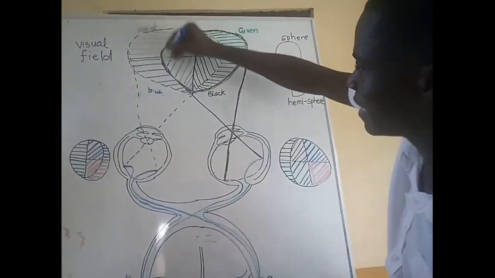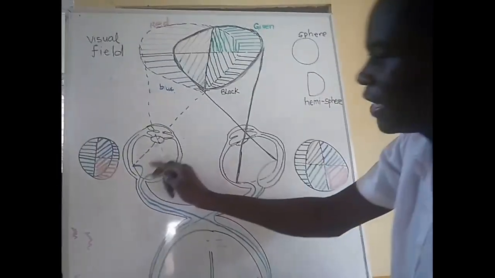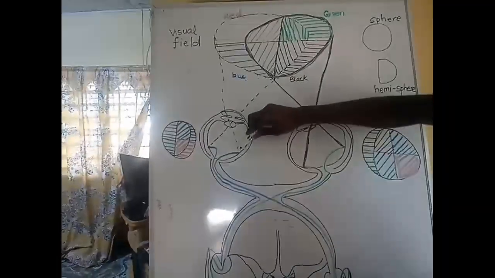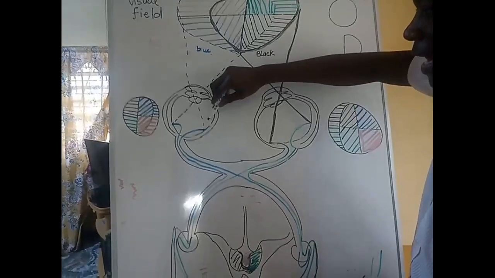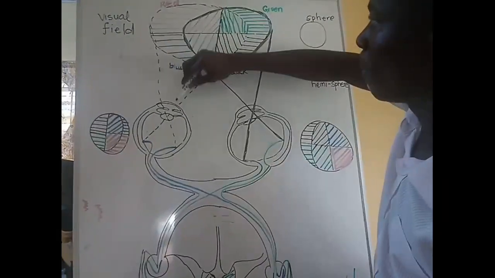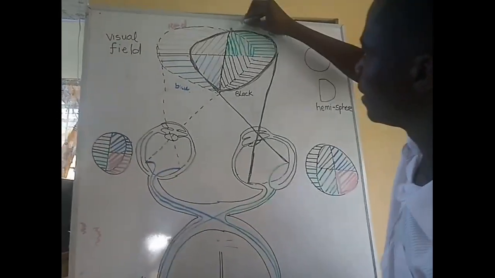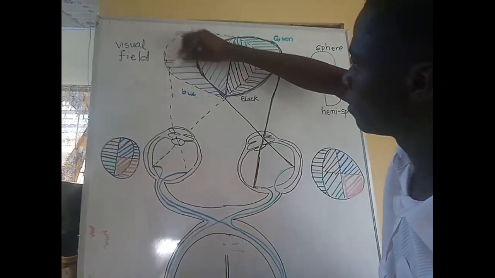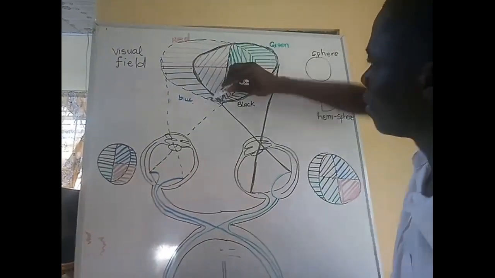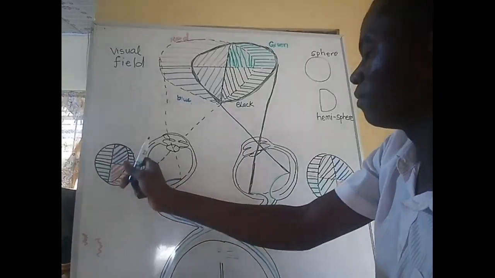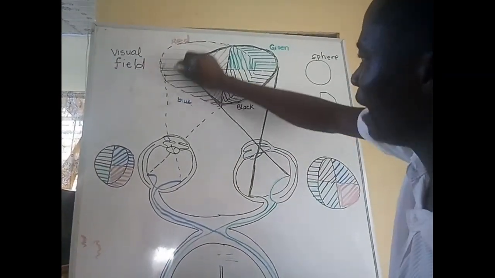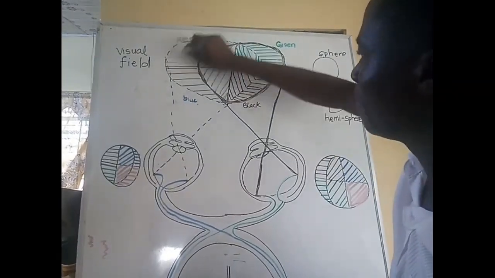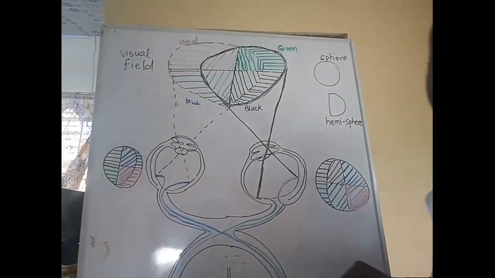So in total it gives us the dark colored area. So also when we go to the left, the right side of the retina of the left eyeball will perceive this visual field, and then the left side will also perceive this visual field. So in total, we have a field that is noted by the short dashed lines.